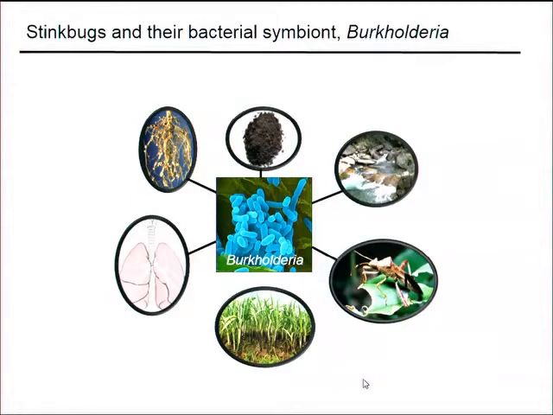It can be found in the soil, in water, and it's also one of the more rare bacteria that can be present in the root nodules in a variety of different plants. So basically this microbe can live anywhere it wants, and we want to know why it associates with insects or what it's doing in there.